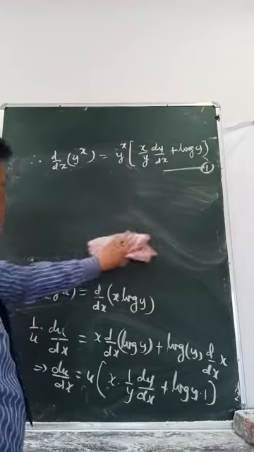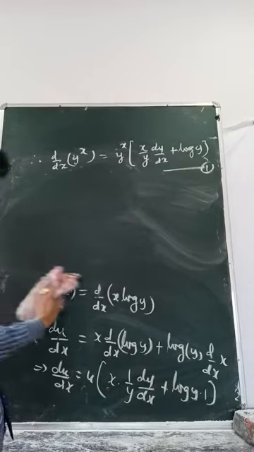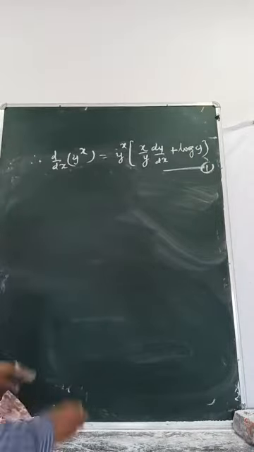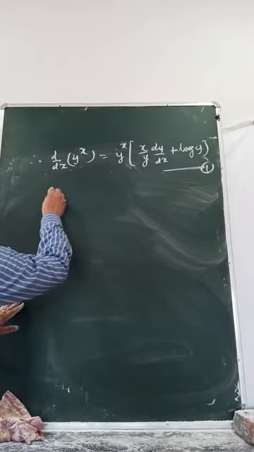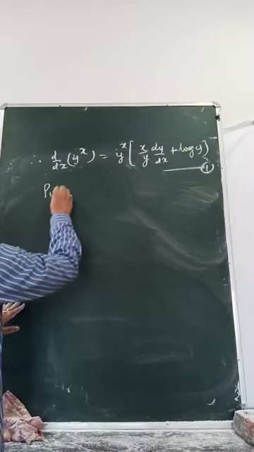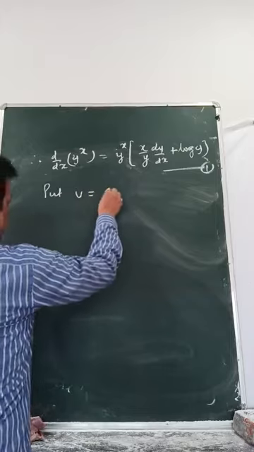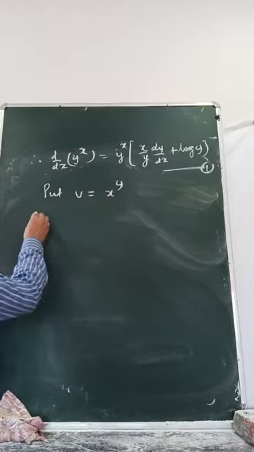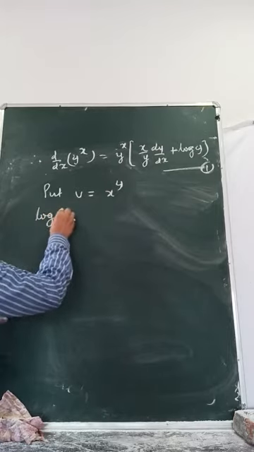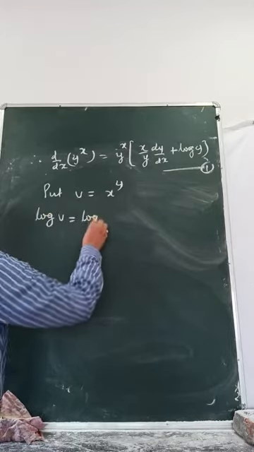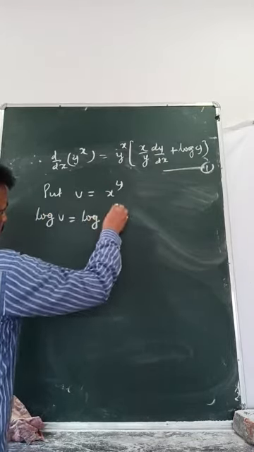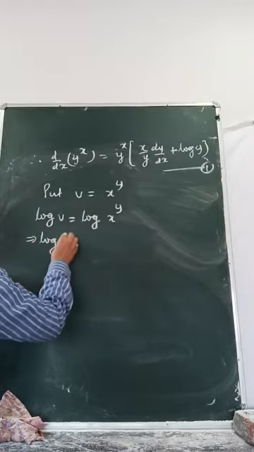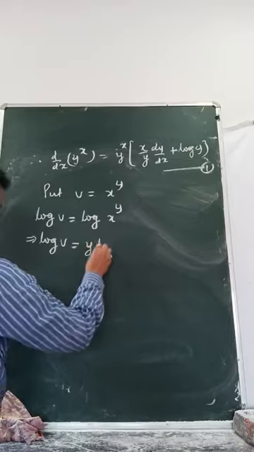Now take one more. Suppose put v equals x to the power y. Second part, same procedure. Log v equals log x to the power y, which implies log v equals y log x.